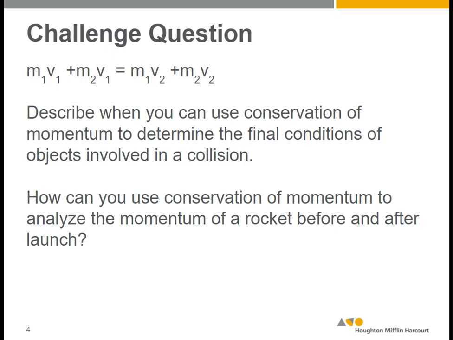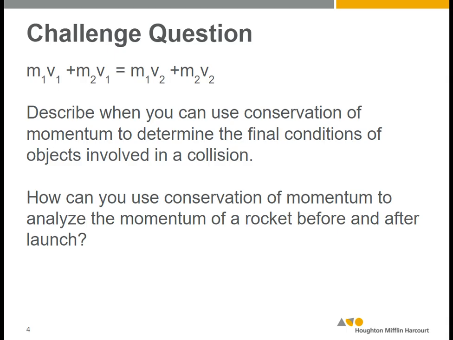And if this is an elastic collision, in other words, if the two objects collide and interact with each other without losing any energy, then we can use the equation for kinetic energy to find the final velocity. Remember, the equation for kinetic energy is kinetic energy equals 1/2 mv squared. So it's using the same variables as the law of conservation of energy.